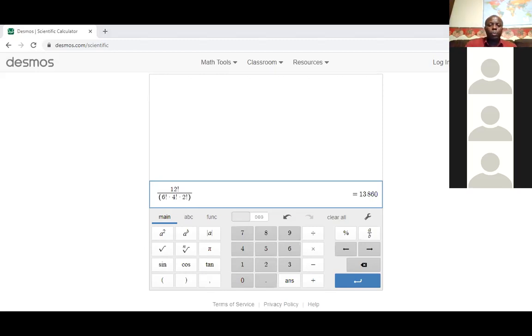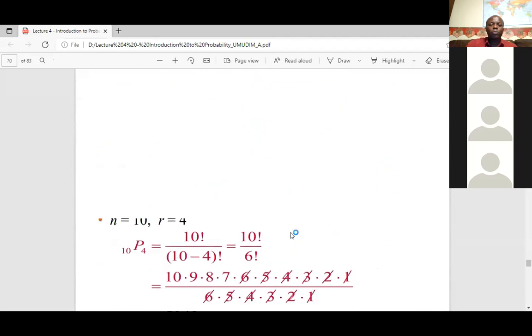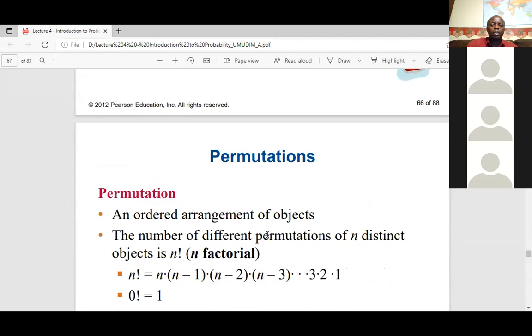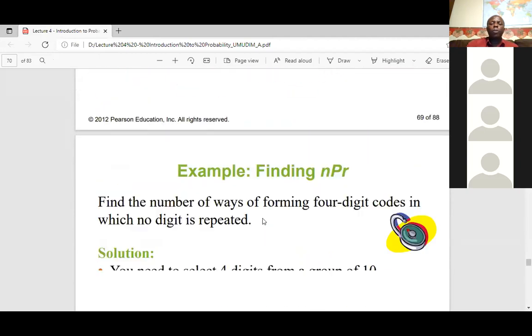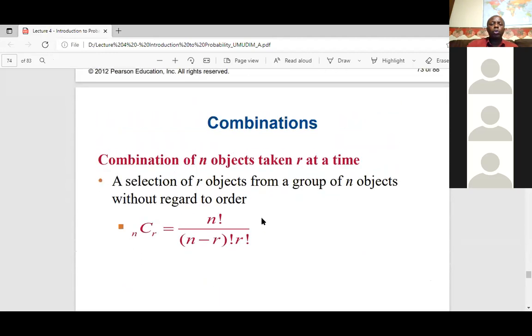Now, we round up with the next thing, which is the combination. For permutation, there has to be a specific order. An ordered arrangement. But for combination, the one we're about to do now, there is no specific order. A selection of R objects from a group of N objects without regard to order.